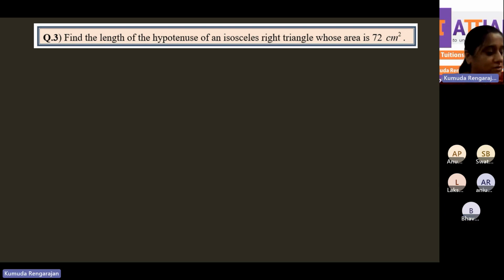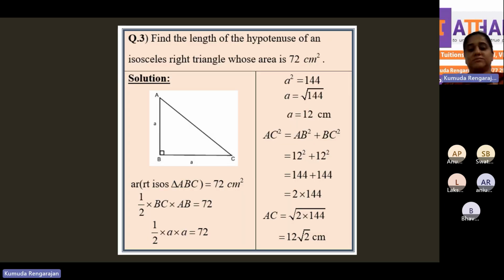Swati and Bhavishya, very good. 12 root 2 is the correct answer. Okay. Sorry? 12 root 2.